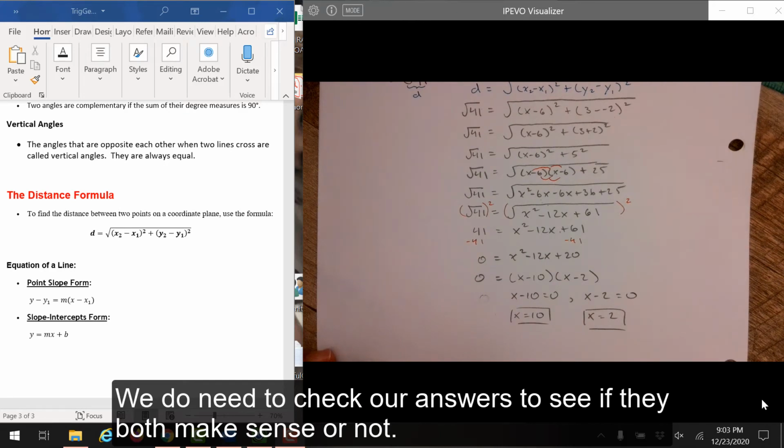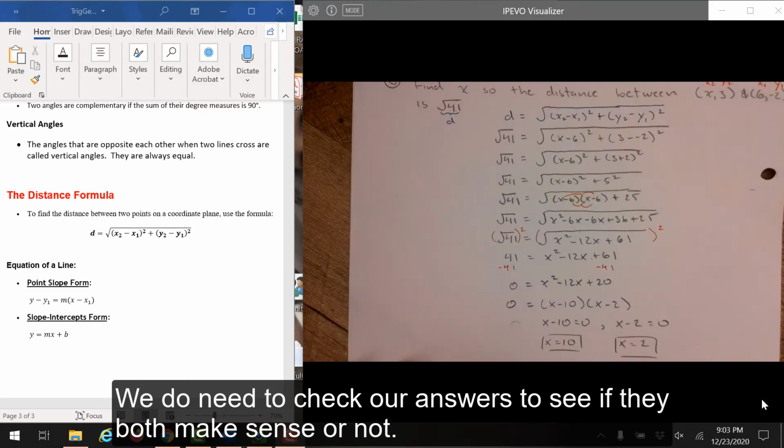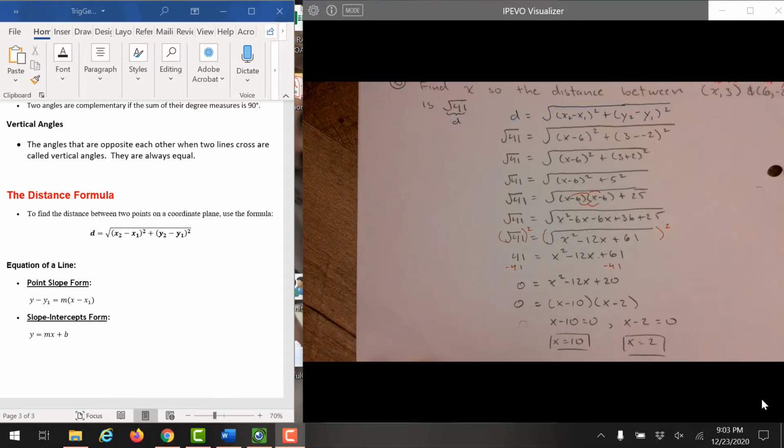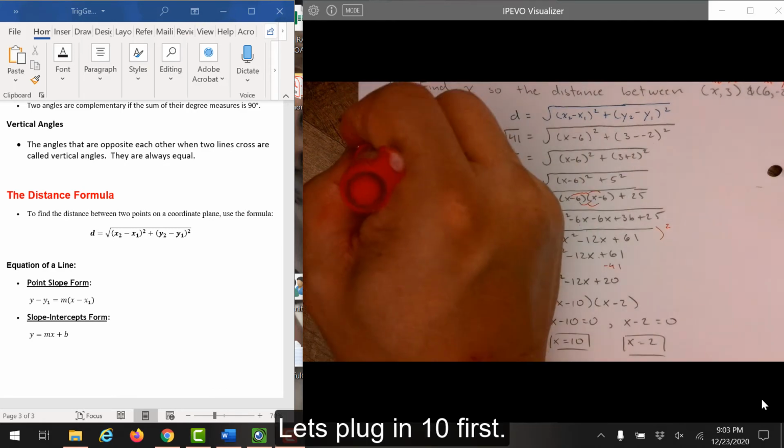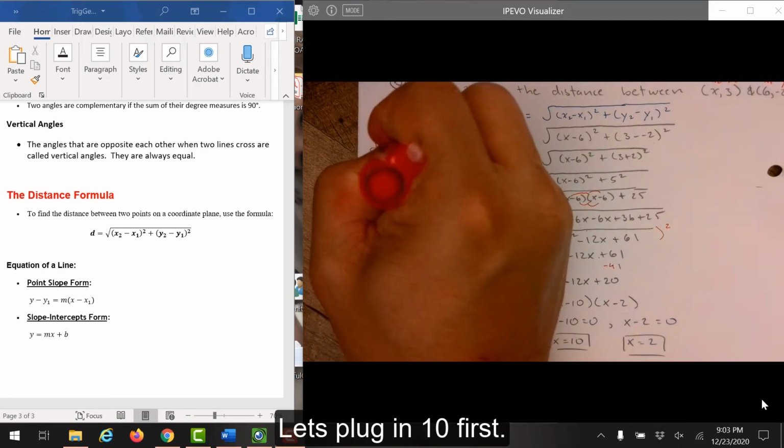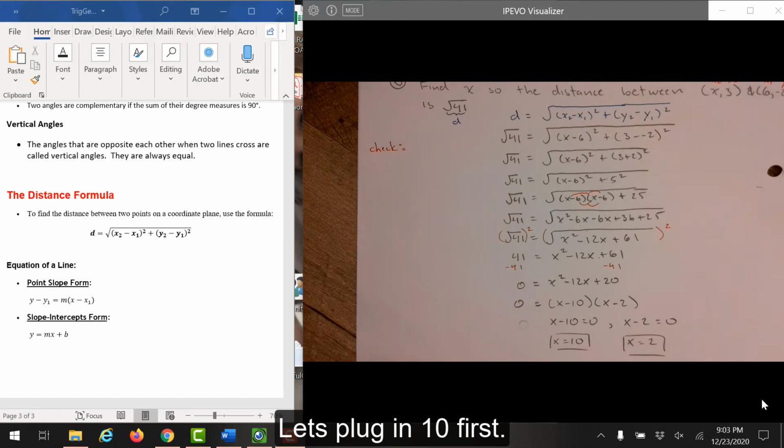We do need to check our answers to see if they both make sense or not. Let's plug in 10 first.